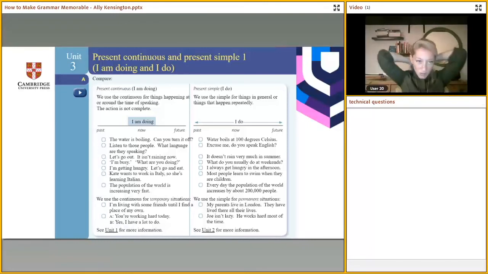Okay, let's think about it. We're teaching present continuous and present simple. Now, you might be asking me, why am I emphasizing present simple and present continuous this much? I did a little questionnaire, which I'm not going to be sharing the results of. I asked my German English teachers to fill out a form for me. I was asking majorly about what German students tackle when it comes to grammar.